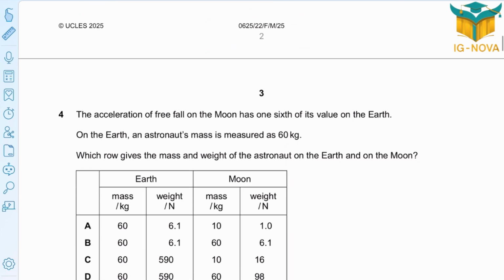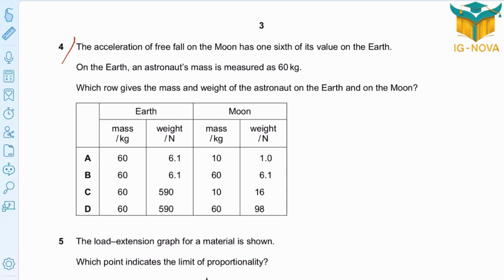Easy. Question 4. The acceleration of a free-falling object on the moon is 1/6 of its value on Earth. Here, g of moon equals 1/6 g of Earth. On Earth, the astronaut's mass is measured as 60 kg.